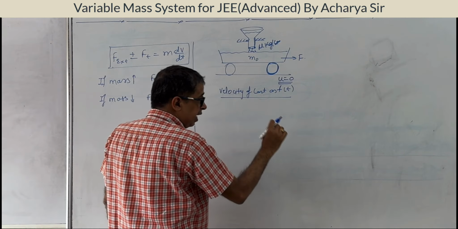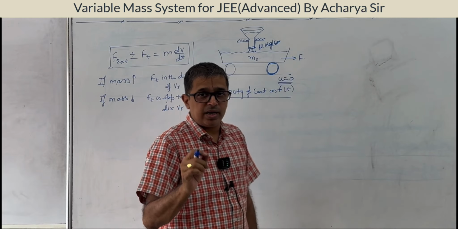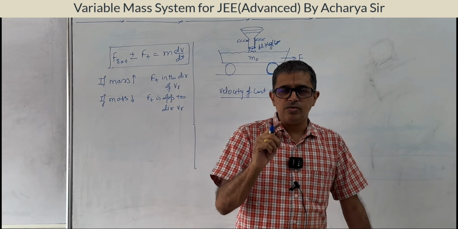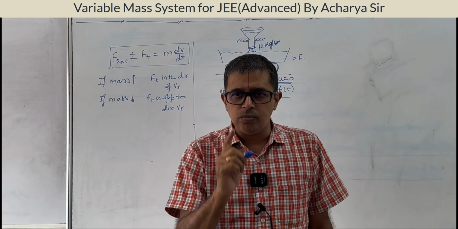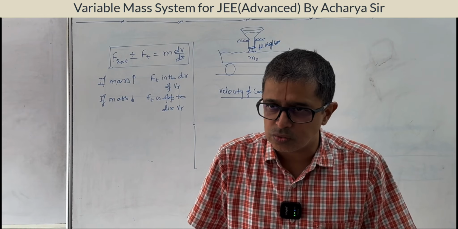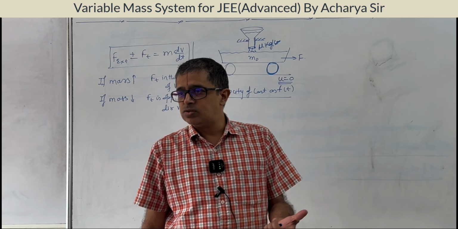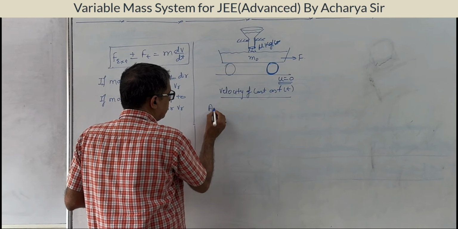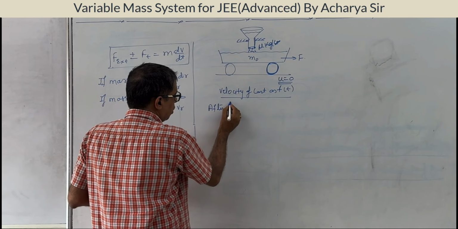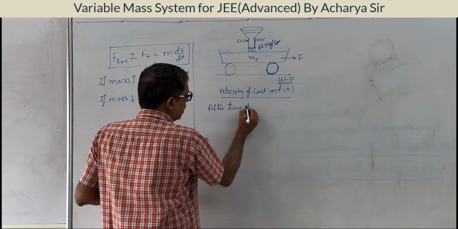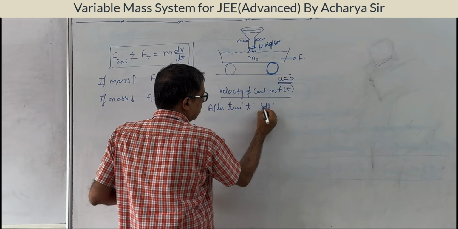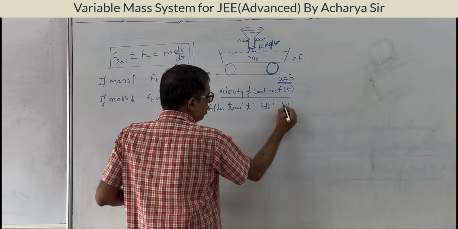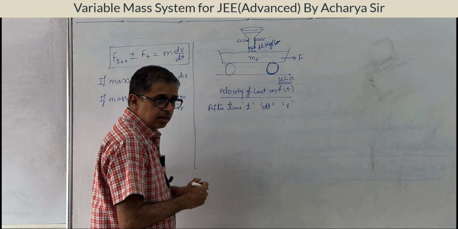Let us write the dynamic equation first. What did I tell you? Along with all the existing forces, add one more force called the thrust force. Equate it to mass into acceleration. So, after time t, in a short time interval dt, let the velocity of the cart be v.